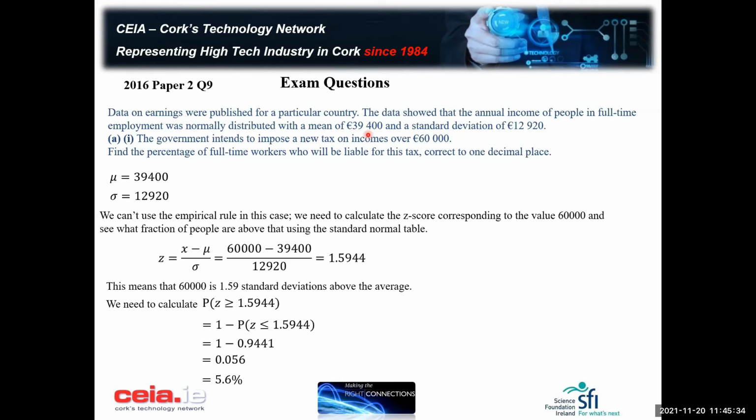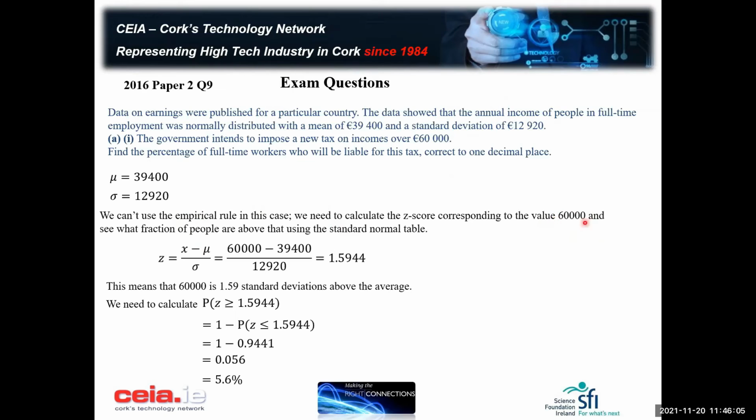So the question, they tell you a mean and they tell you a standard deviation. And they want you to find what percentage of people will lie outside a particular level. We can't use the empirical rule here, so we need to work out a z-score.